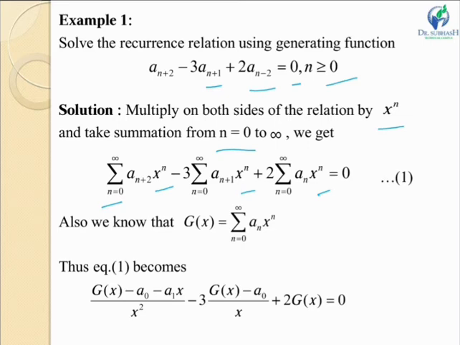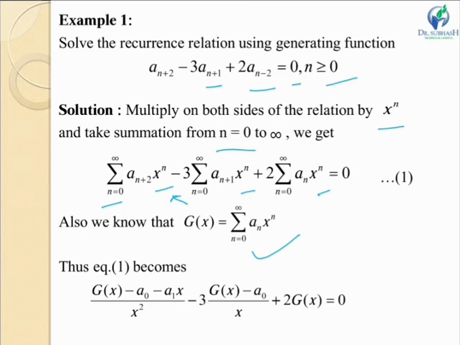Now we also know that gx is equal to summation n equal to 0 to infinity an x raised to n. Now from this equation 1 changes to, see, now what we have to do is we have to replace here the generating function. So here it is an plus 2 x raised to n.